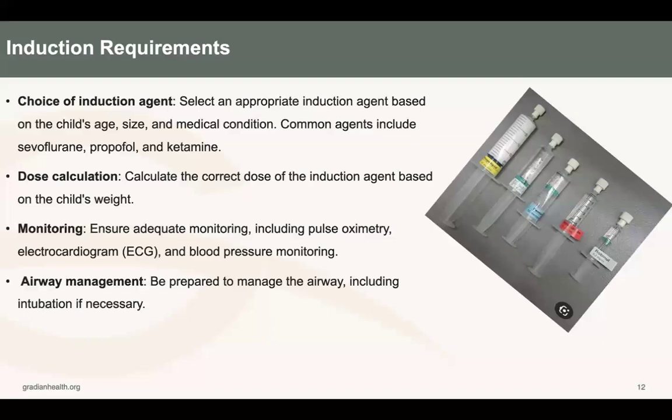Then, of course, monitoring. Before we even give these drugs to these patients, we must make sure we know their baseline or functional status. One way of getting an idea of what's going on is by monitoring them, by establishing their baseline heart rate.